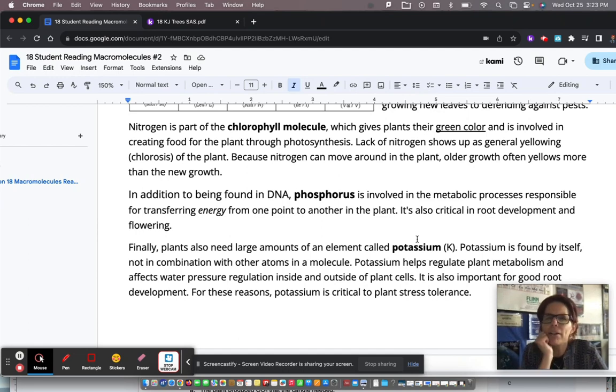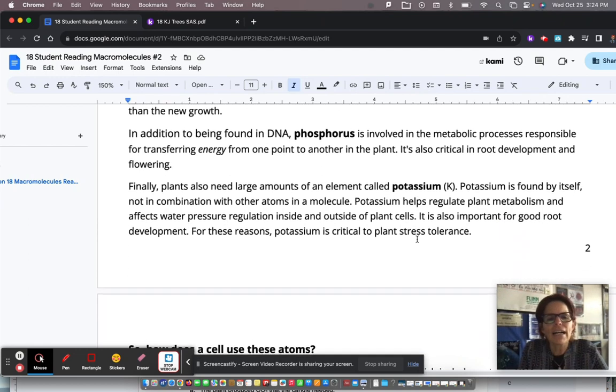So remember, the mitochondria is the powerhouse of the cell. It has a molecule that's called ATP for phosphorus. And that's what our energy is made out of, ATP, phosphorus. So it transfers energy from one point to another in the plant. It's also critical in root development and in flowering.